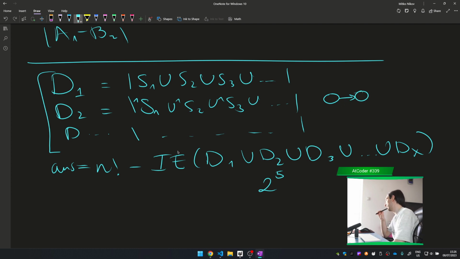These inclusion exclusions will have a set where it switches.